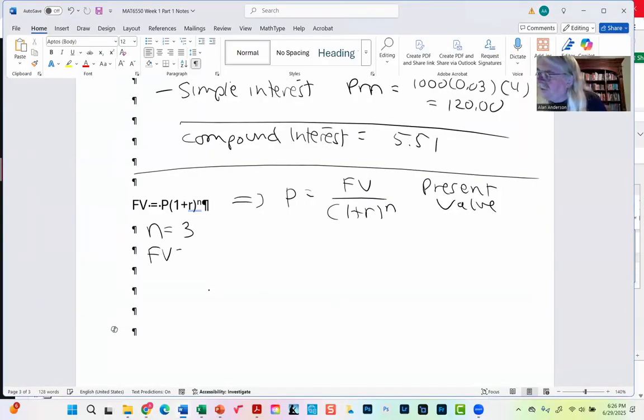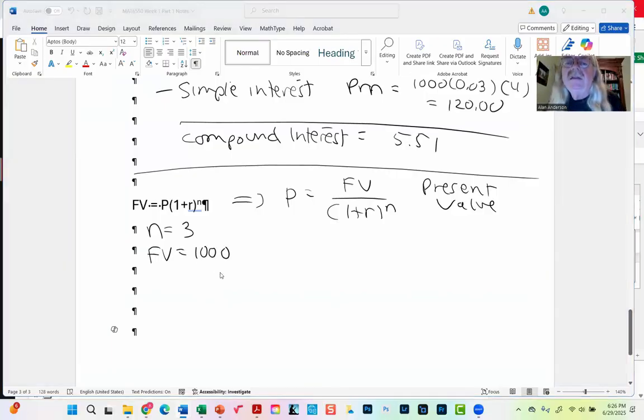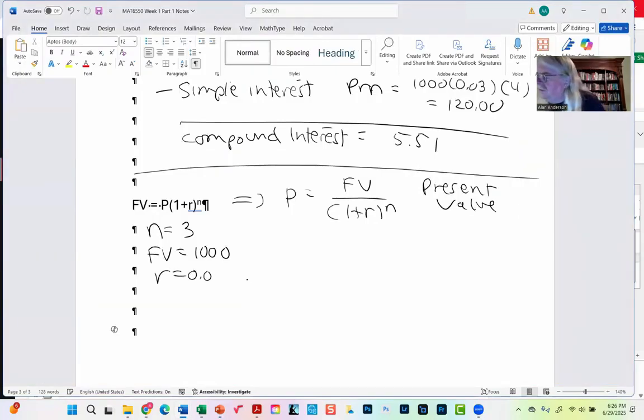We're aiming for $1,000 in 3 years. That's our future value. And then the rate of interest is 5%. So it's a simple matter of plugging this in. Whatever this number is, clearly it'll be less than $1,000. The question is how much less?